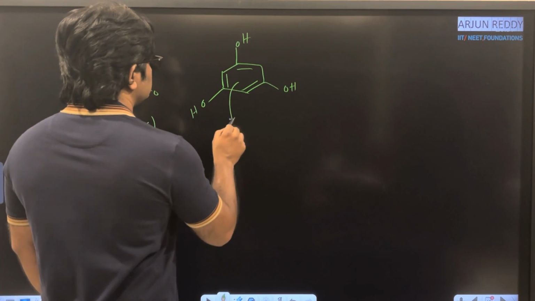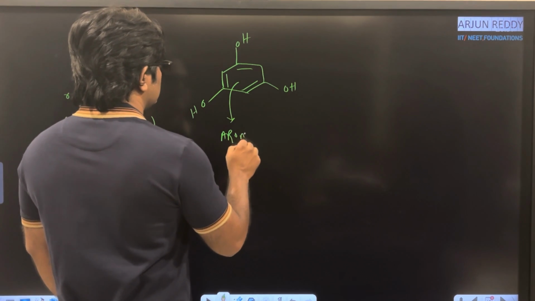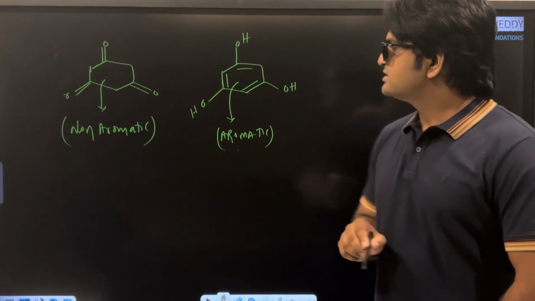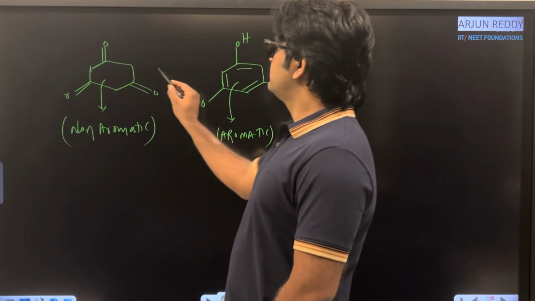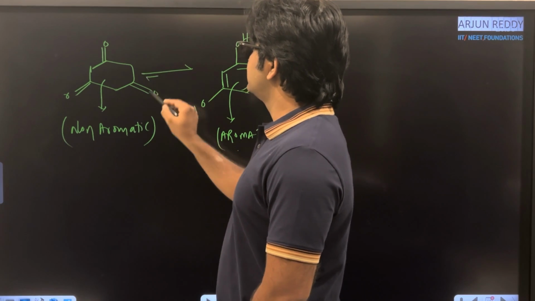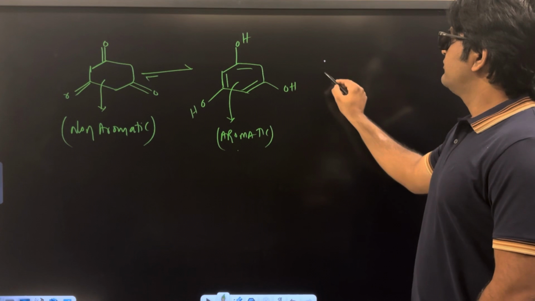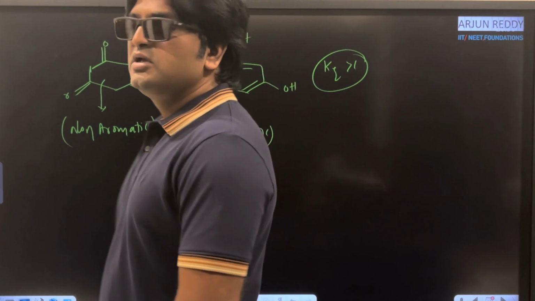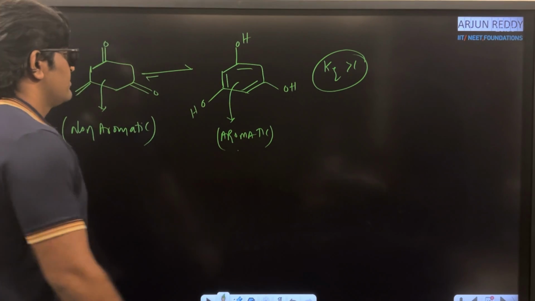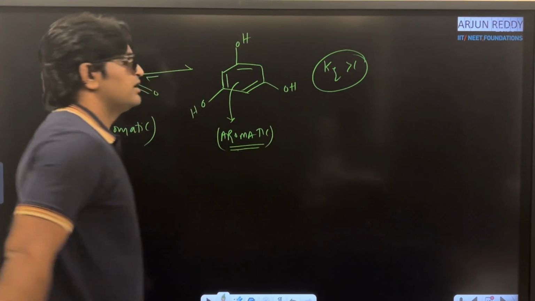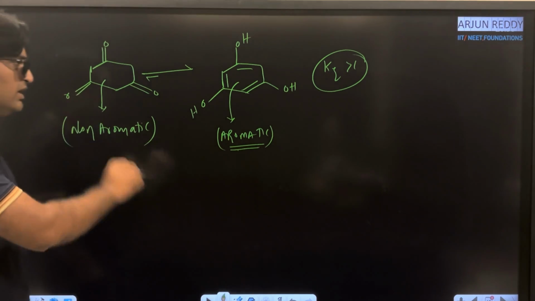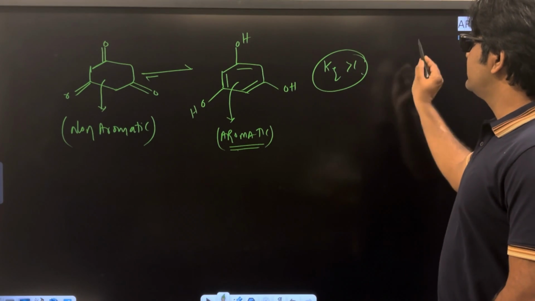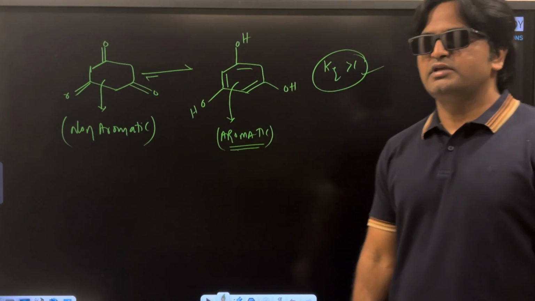And the right side molecule, this one is an aromatic compound. So definitely aromaticity is the driving force. Now this equilibrium is more observed towards the right side when compared to the left side. And what is the equilibrium constant value? Greater than 1. Very important example. On the basis of aromaticity, the right side compound is more stable when compared to the left side compound. The equilibrium constant value is greater than 1.